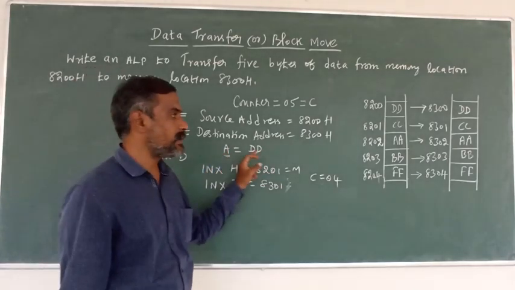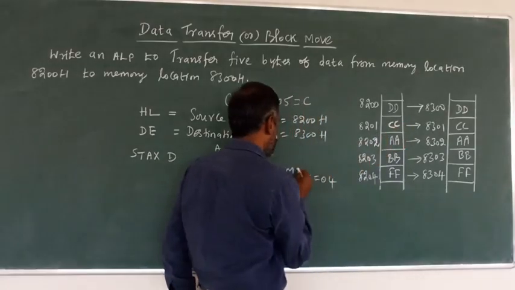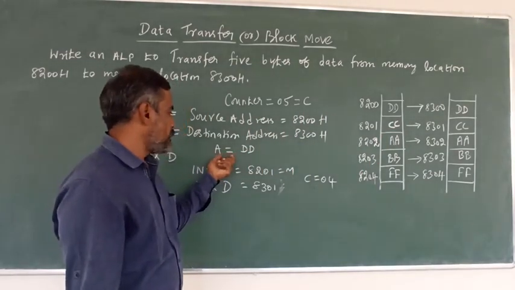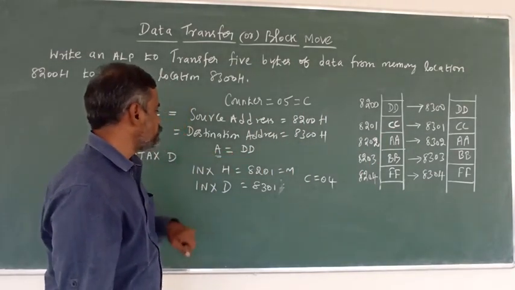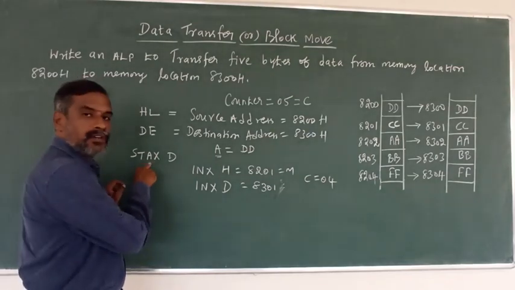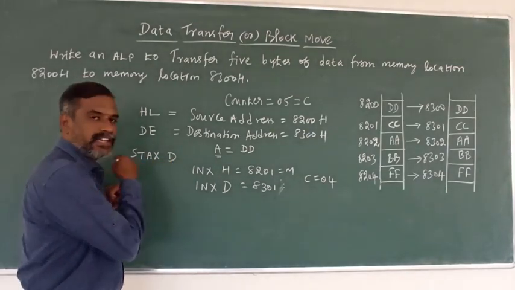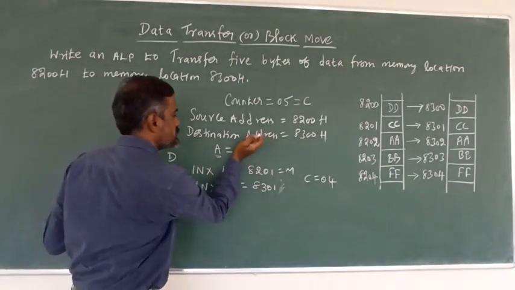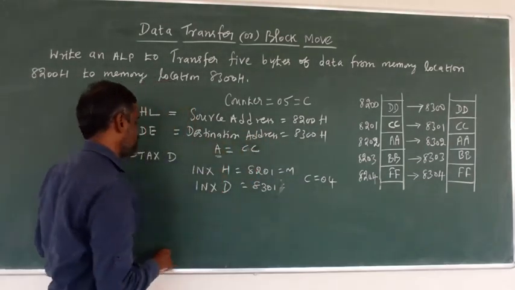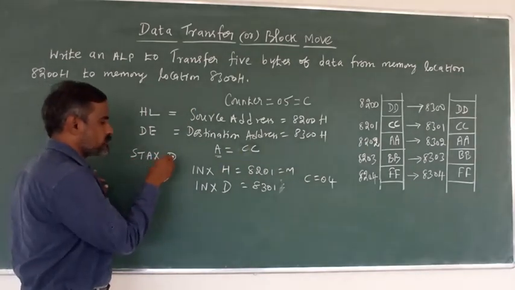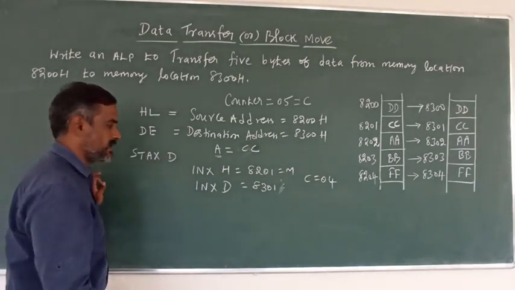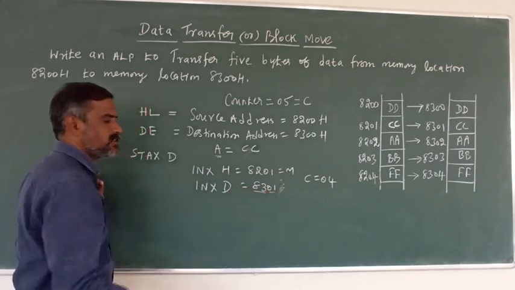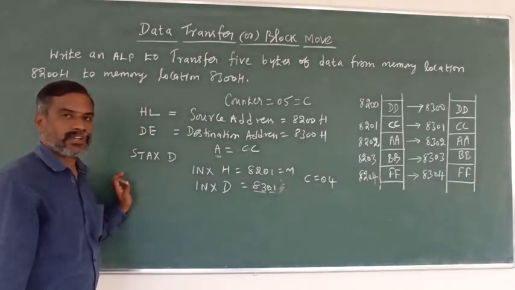Now the memory data is moved to the accumulator, CC, and the accumulator data is stored indirectly at the address given in the DE register pair, 8301.